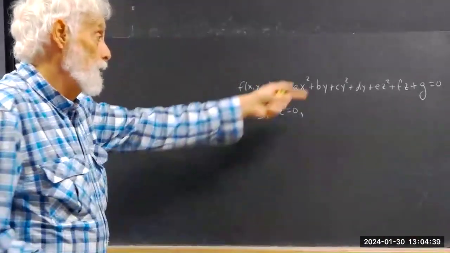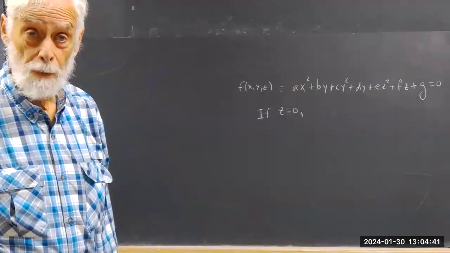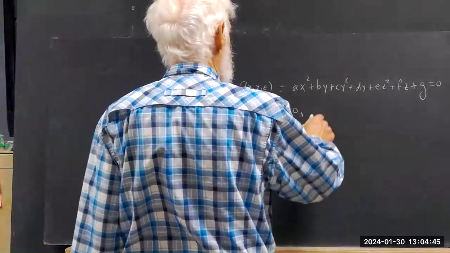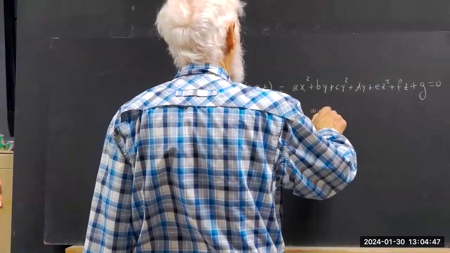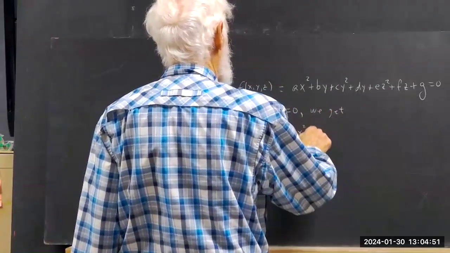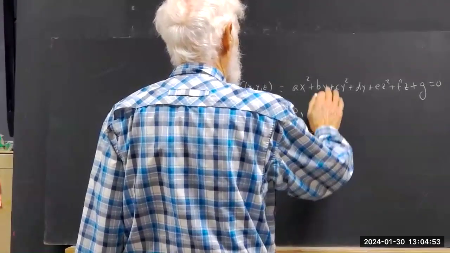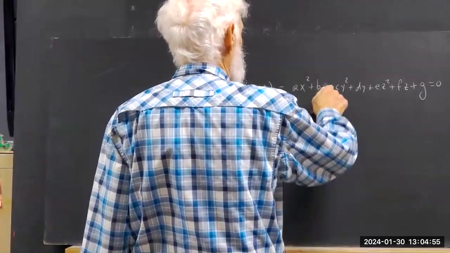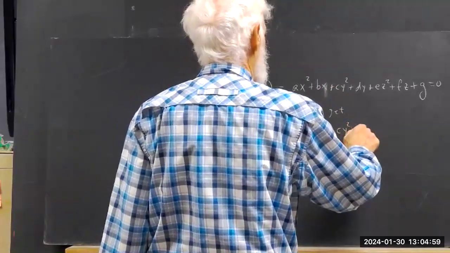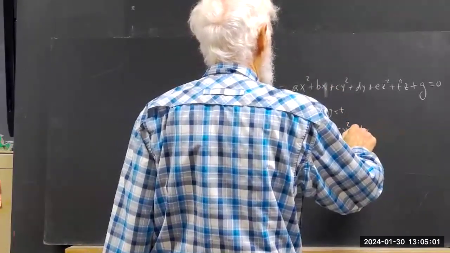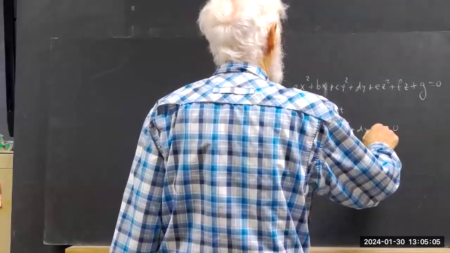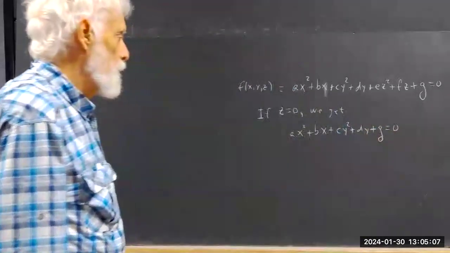If this equals 0, then this thing becomes a little bit simpler, right? That should be Vx. We get this.